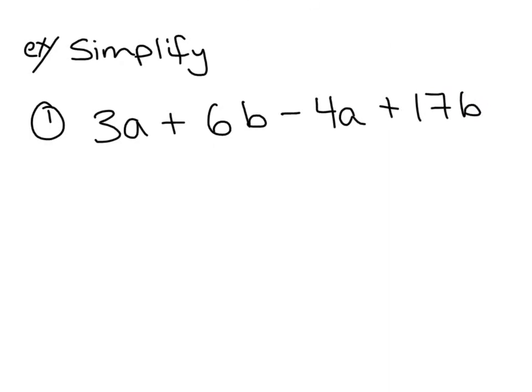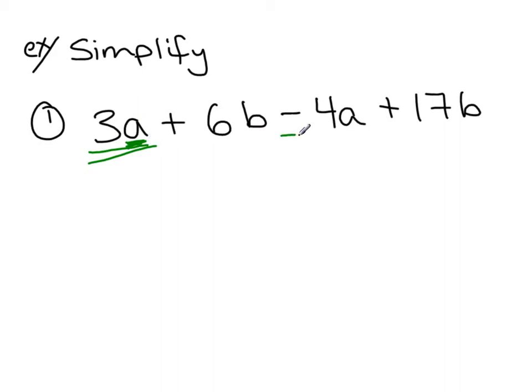Now, they have to have the same variable in order to be like terms. And in order to combine like terms, we have to combine the number in front of them. So let's say we have $3. I'm just going to call it $3, okay? So A is the variable. B is not the same as A, so they're not like terms.